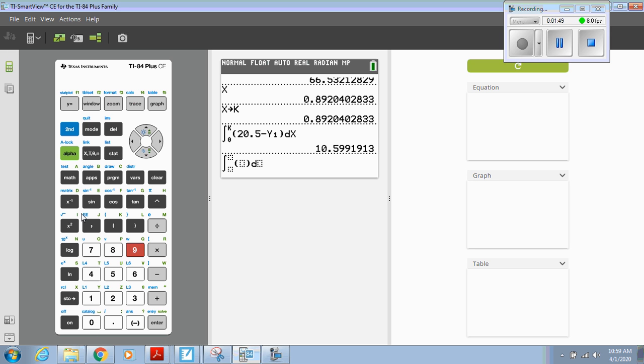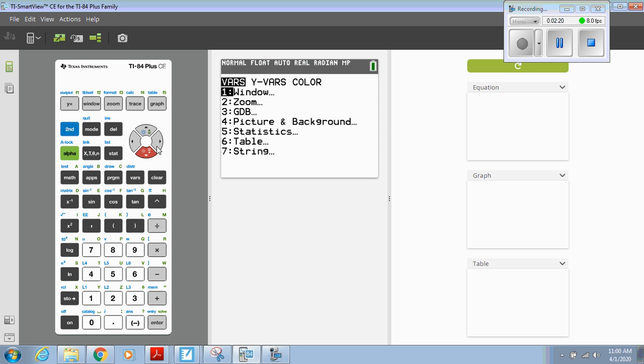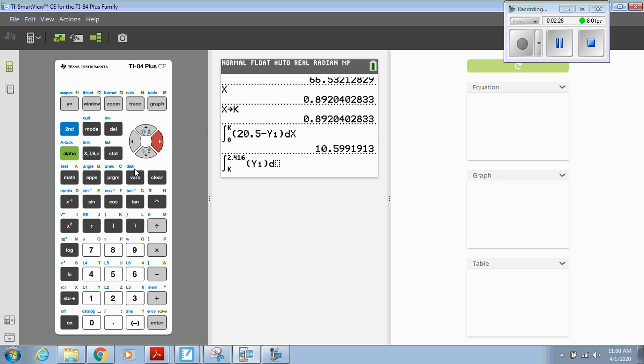I'm going to do the integral from K, because remember we have stored that value, to 2.416 of our function, which was in y1 in terms of x.